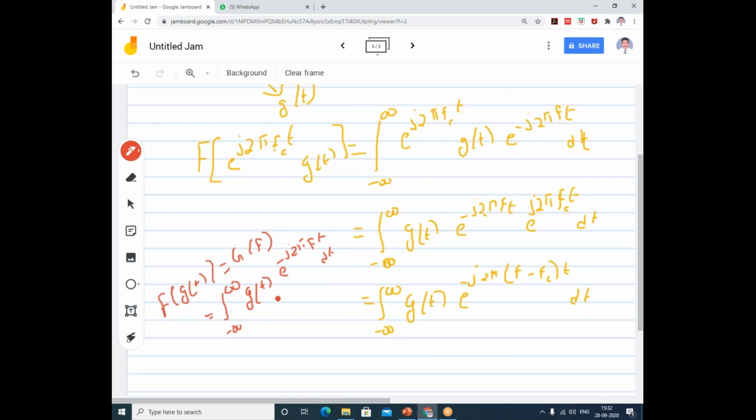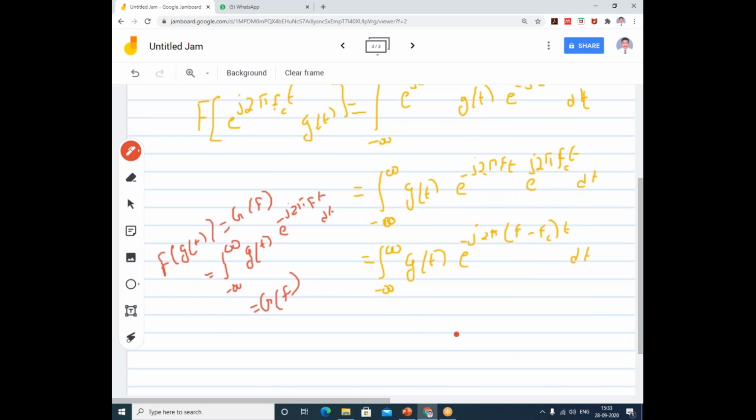Now observe it here: g of t e power minus j2 pi ft dt, I can write as capital G of f. In the place of the exponential, I have the f term, so I can write G of f. But now I have f minus fc. The rest of the terms are similar to the basic formula, so I can write this as G of f minus fc. So that's how you can write the Fourier transform.